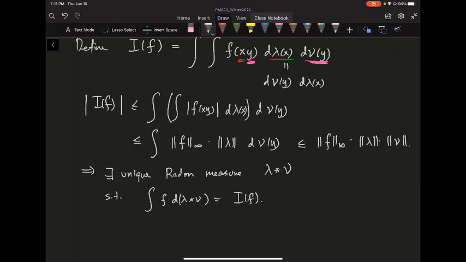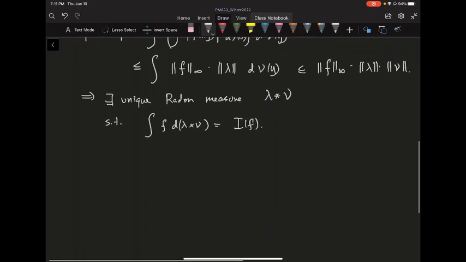Okay, so this is our definition. And from our computation, we immediately see that the norm of this convolution is bounded above by the product of their norms. So immediately we already have that this looks like a Banach algebra structure.